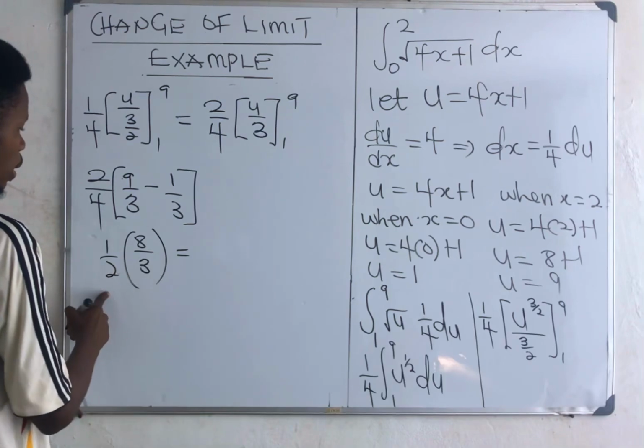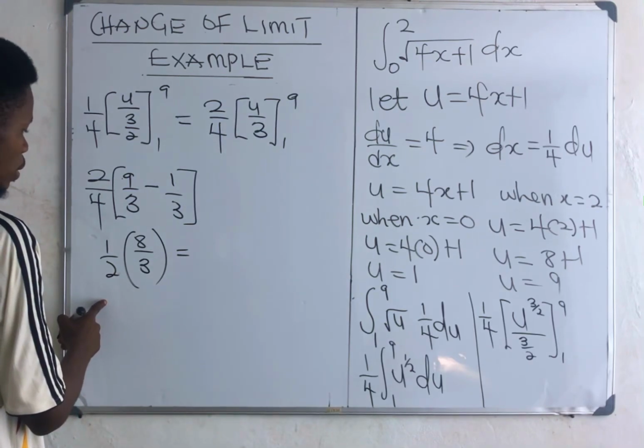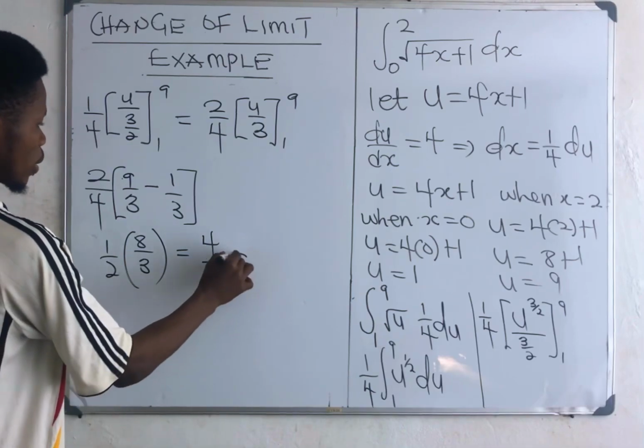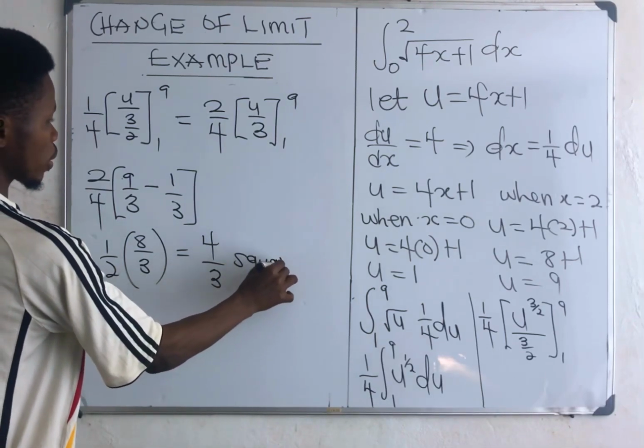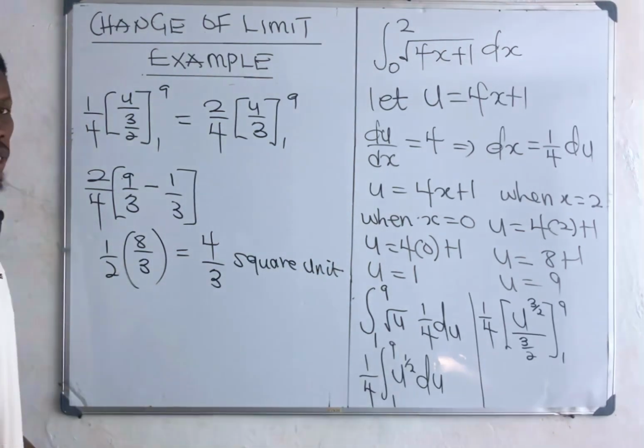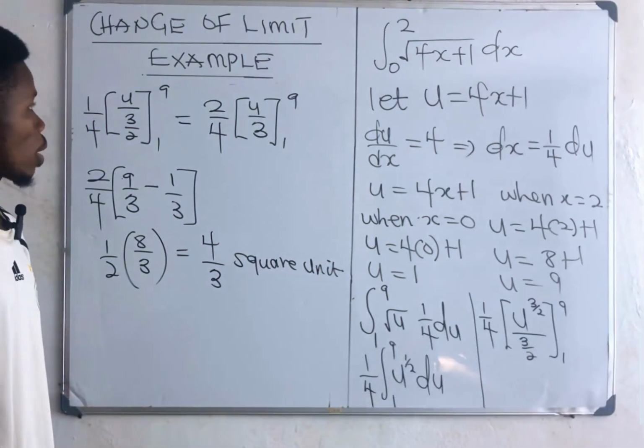So our final answer becomes 4 over 3 square units. Is that okay? So this is how we go about it.